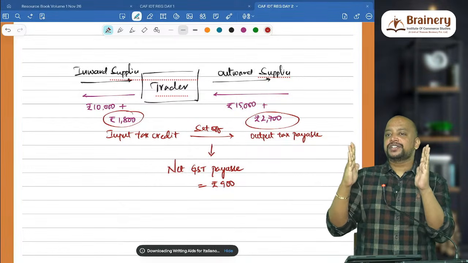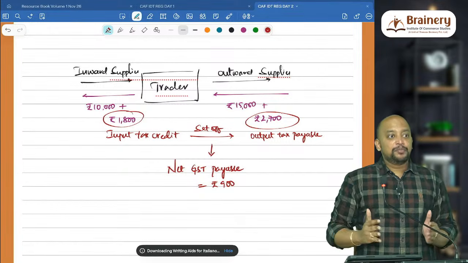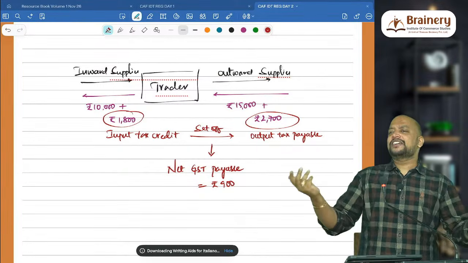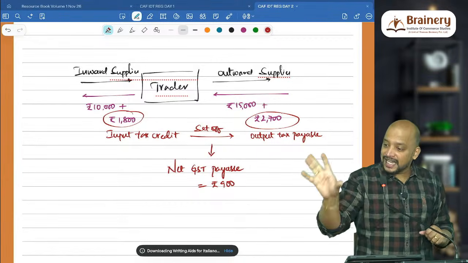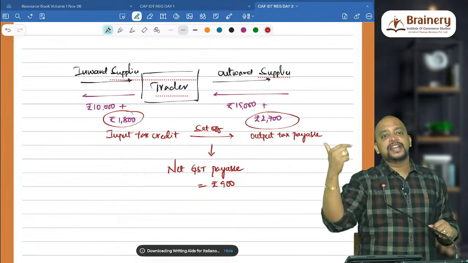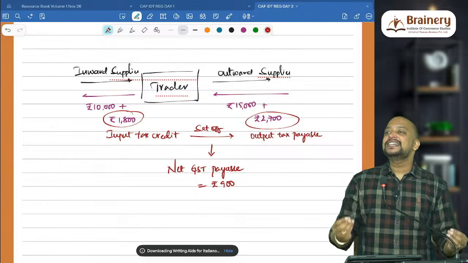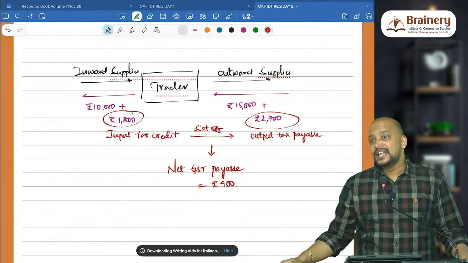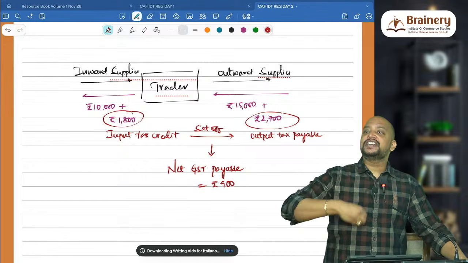Whatever is the value addition, ultimately on that value addition only the tax should be paid. But how does it work? Can we directly take the value addition and pay? No, it's not going to work like that. First see the sales or outward supply value, multiply by the GST, minus inward supply into GST, because we don't have a single rate of GST. If we had a single rate of GST, we would have done it in a different manner.